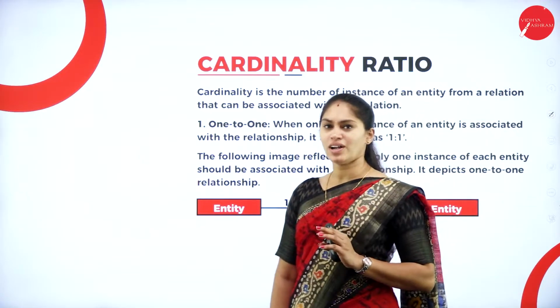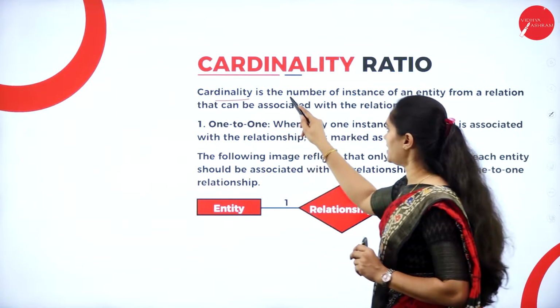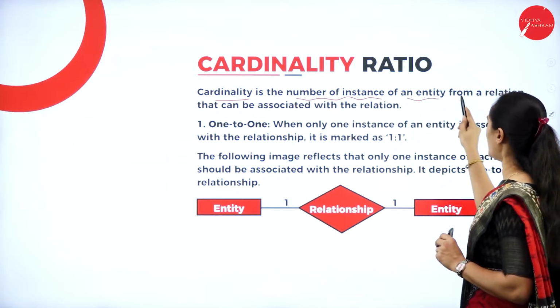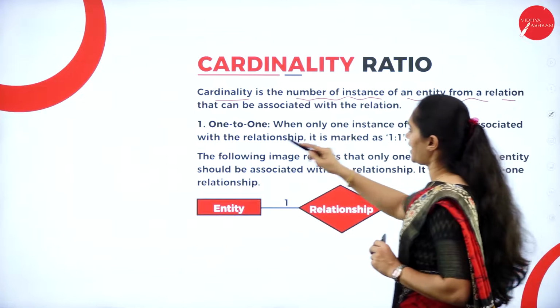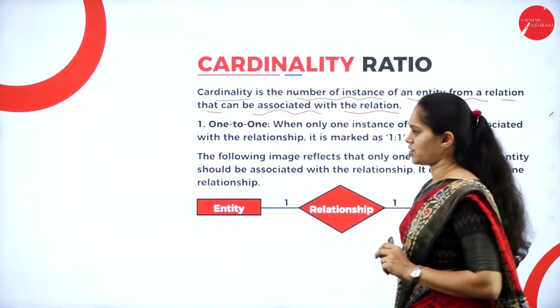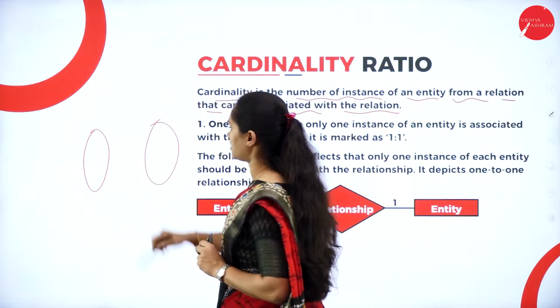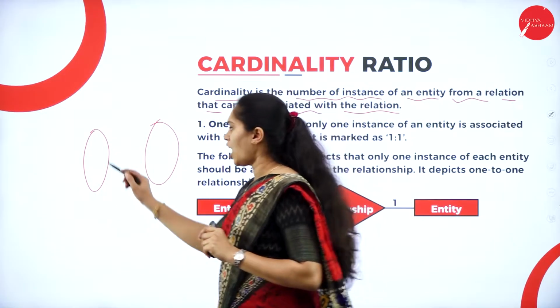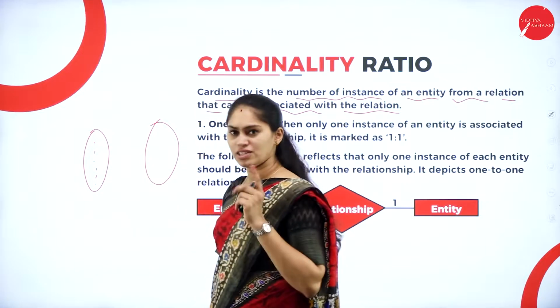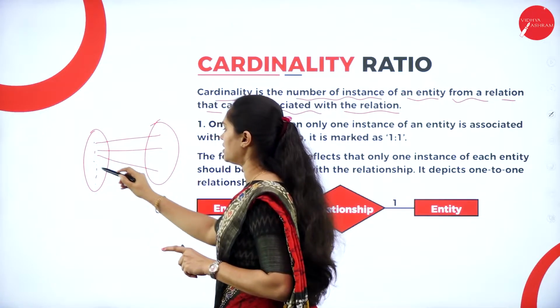So first you have to understand what we mean by cardinality. Here cardinality is the number of instances of an entity from a relation that can be associated with another relation. For example, if you consider this as one relation and this as another relation, how many instances of this relation are going to be associated with the other relation?